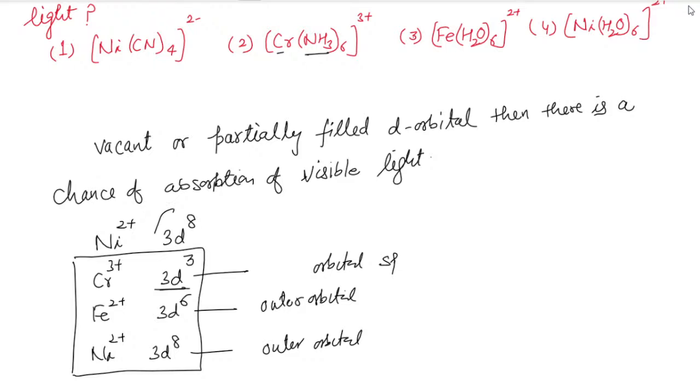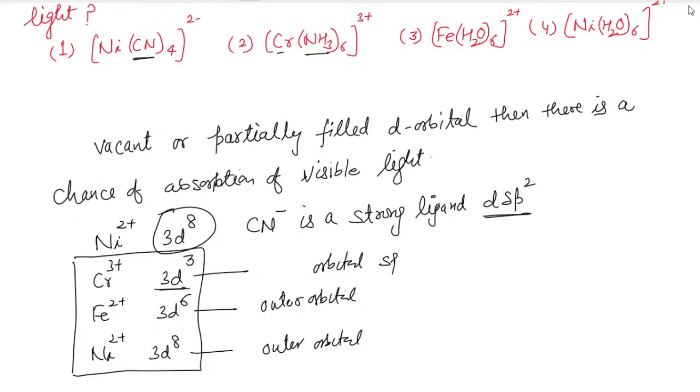But in case of nickel 2 plus, there is cyanide. It is a strong ligand. As it is a strong ligand, obviously it is not tetrahedral. It is dsp2 hybridization. All are paired. Okay.